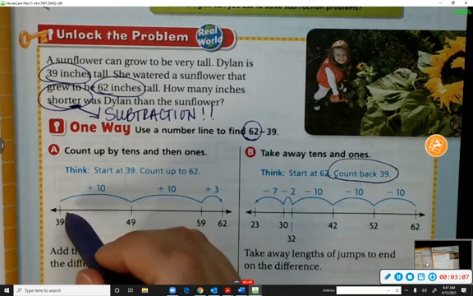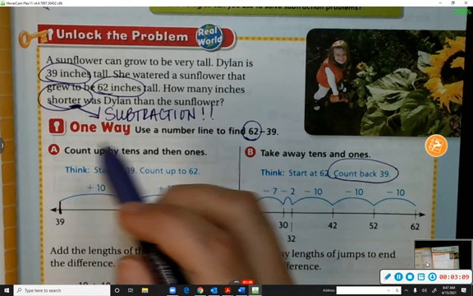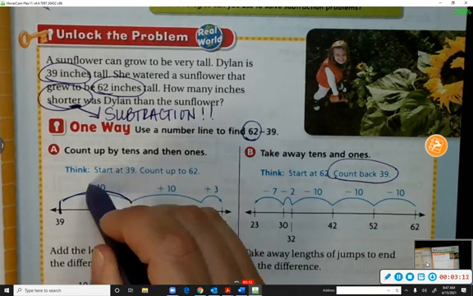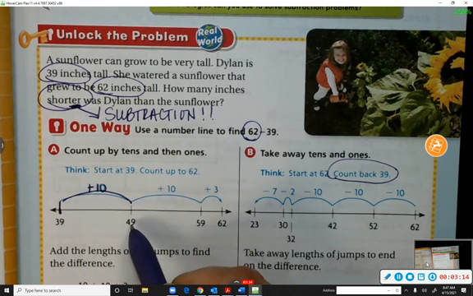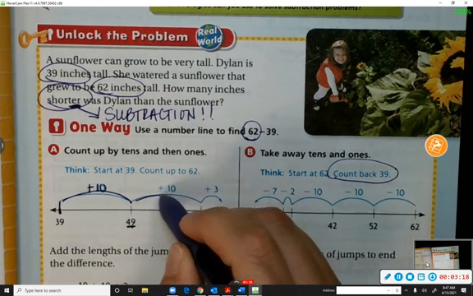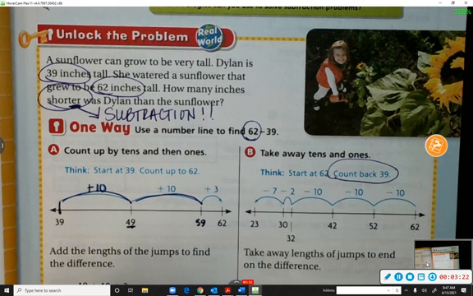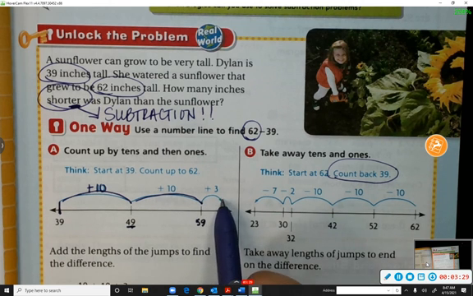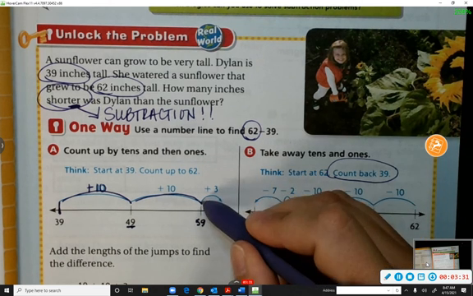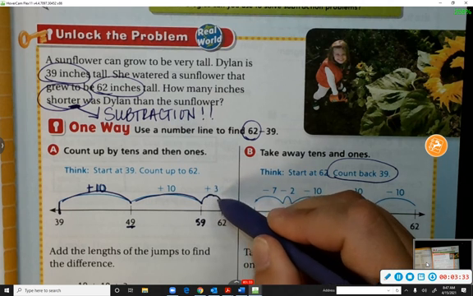If I'm at 39 and I jump 10 plus 10, that now gives me 49. I jump another 10, I'm now at 59. Since 59 is really close to 62, now we're only counting by one, so that would be 59, 60, 61, 62.